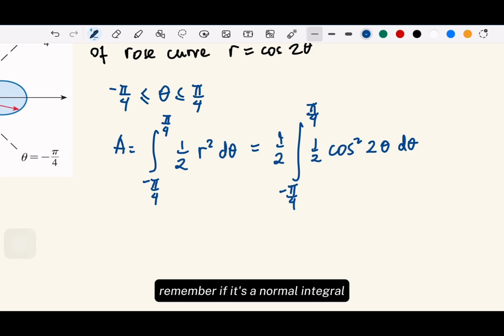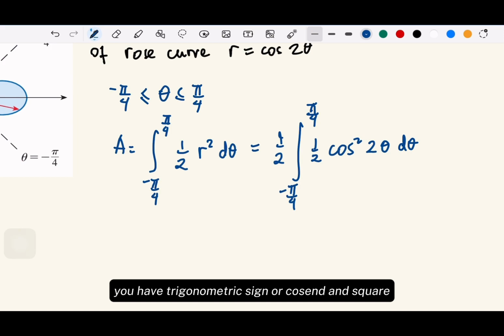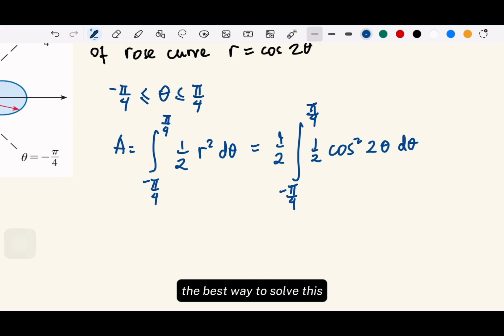Remember, if you have a normal integral with trigonometric sine or cosine that is squared, the best way to solve this is to use the double angle formula to remove the square.